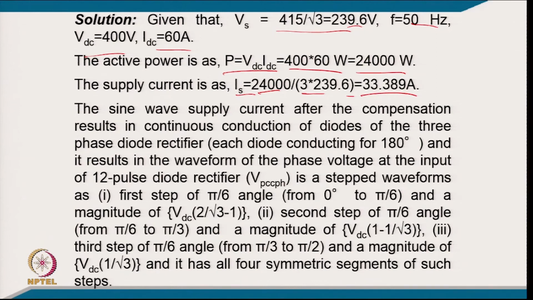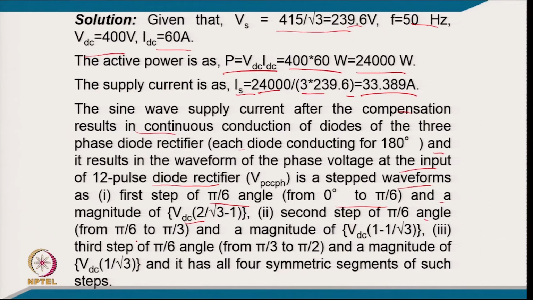Now, the sine wave supply current after compensation results in continuous conduction of the diodes of the 3 phase diode rectifier, each diode conducting for 180 degree, and it results in the phase voltage waveform at the input of the 12 pulse diode rectifier. We see a stepped waveform: a first step of pi by 6 angle, from 0 to pi by 6, with a magnitude of VDC (2 by root 3 minus 1).